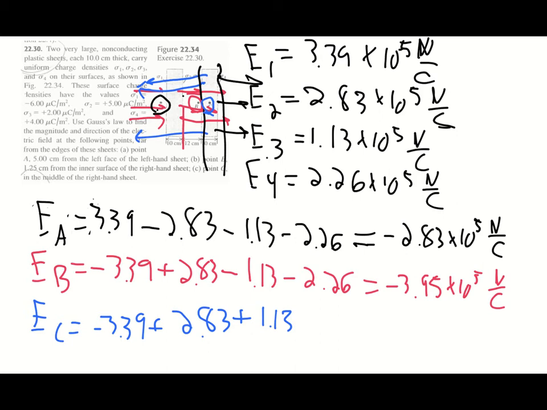But we still subtract the 2.26, because lines that go away from it are going to go to the left as they go toward point C. So we get 1.69 times 10 to the 5th newtons per coulomb.